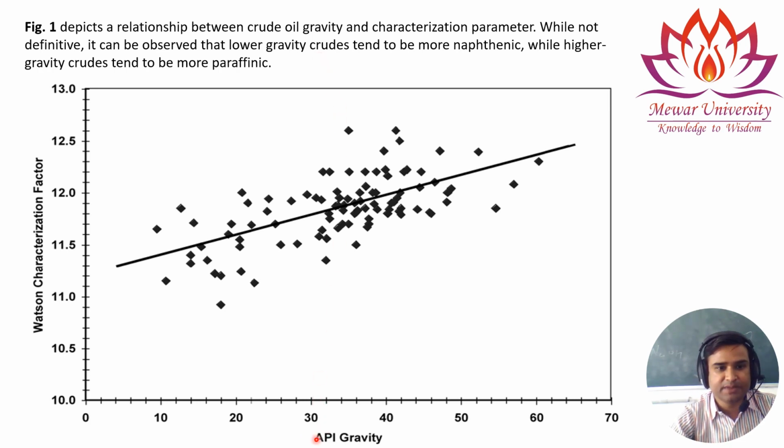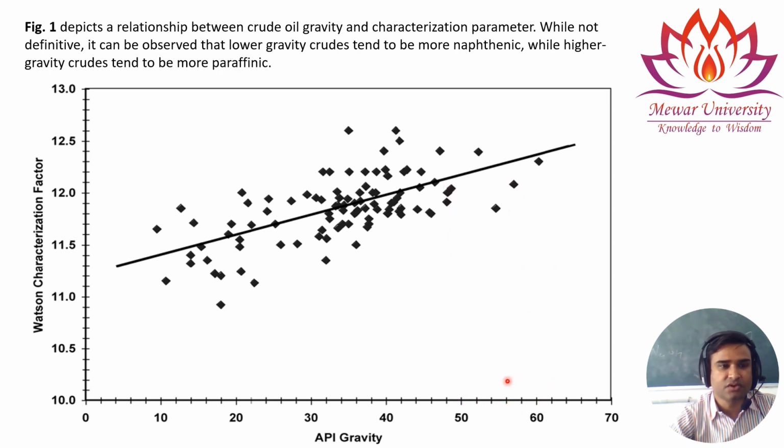You can see the API gravity and Watson characterization factor chart. On the x axis you see the API gravity and on the y axis you see the Watson characterization factor. Different crude oils have different Watson factors and different API gravity. As you see the API gravity increasing, the Watson characterization factor is increasing.